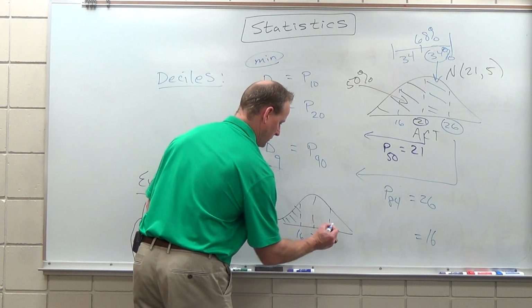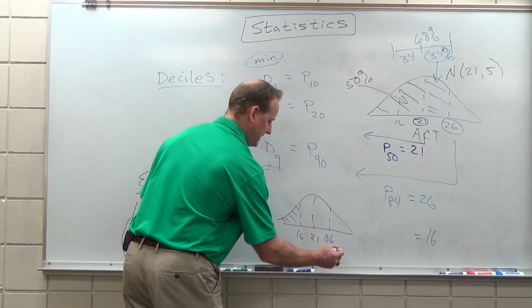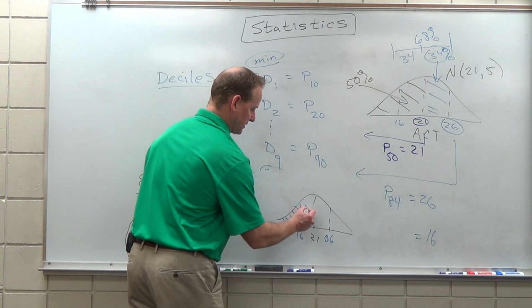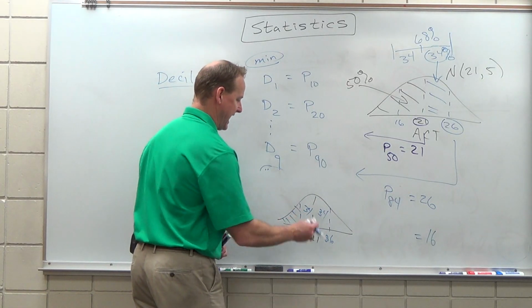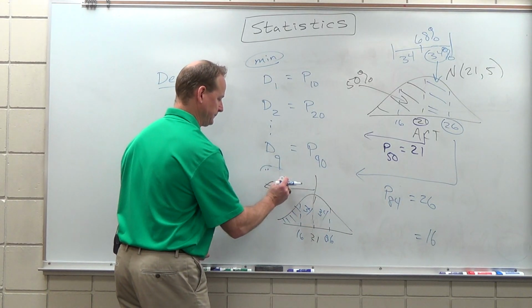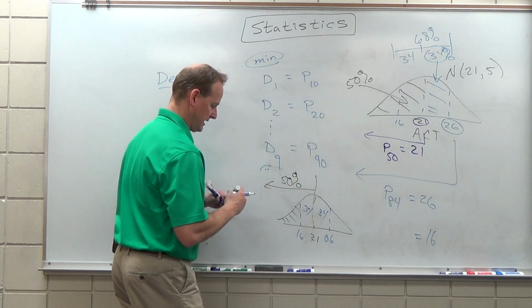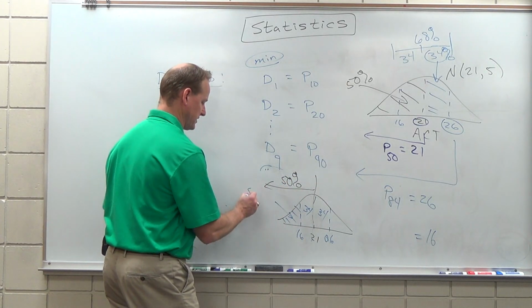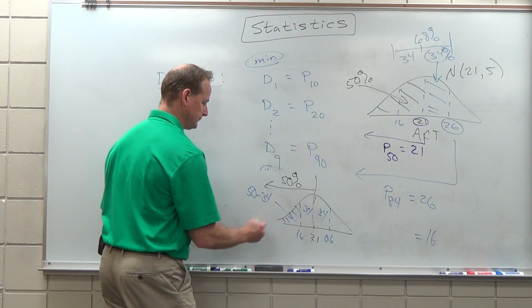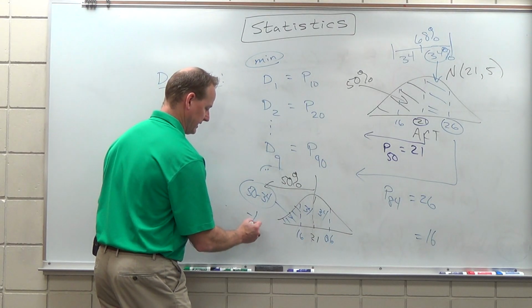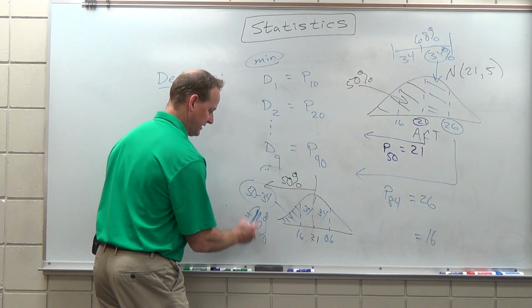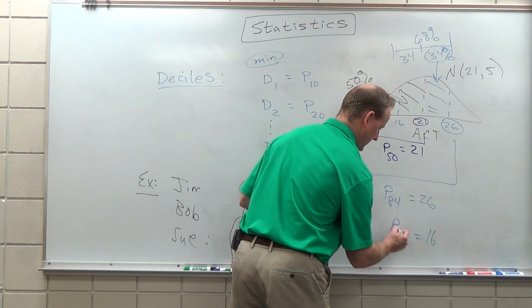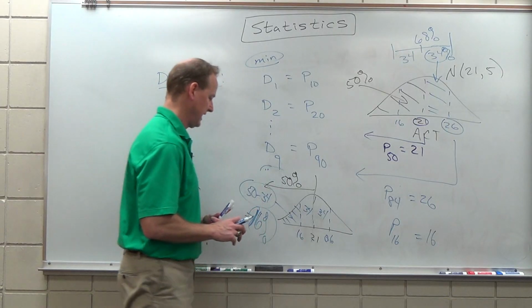But we can use the 68, 95, 99.7 rule: there's 34% here, 34% there, and we know this half is 50%. So to find the percent lying to the left is just 50 minus 34, and that ends up being 16% lying to the left of the observation of 16. So the 16th percentile is actually 16 here.